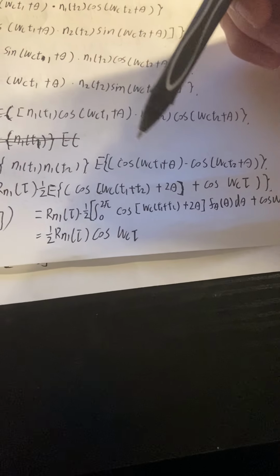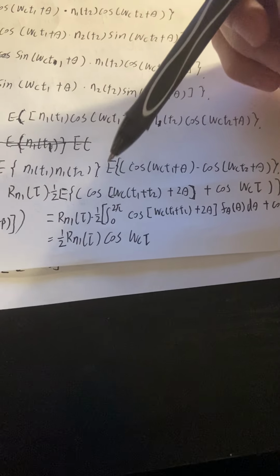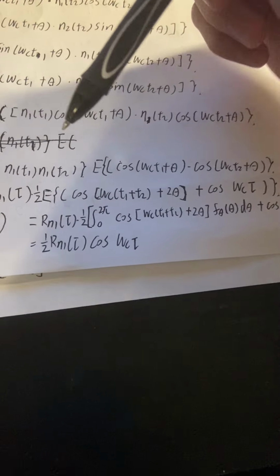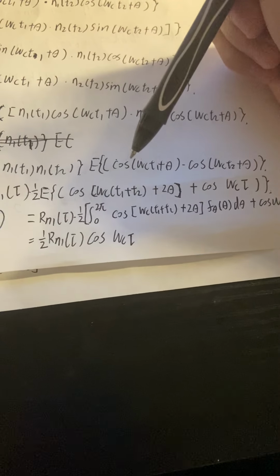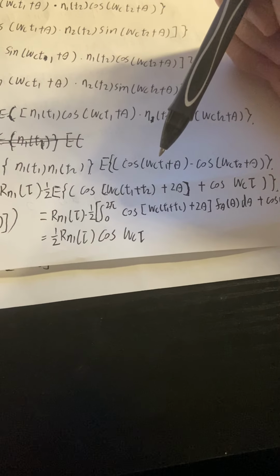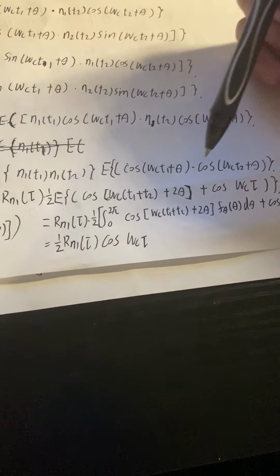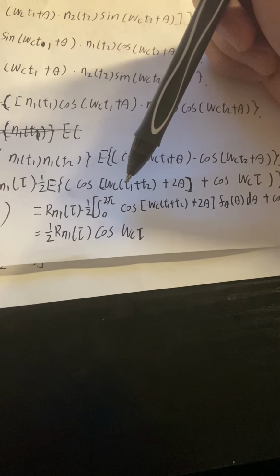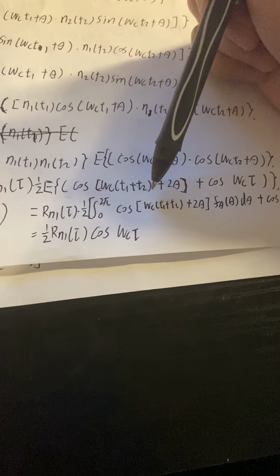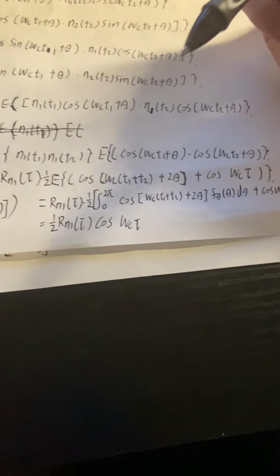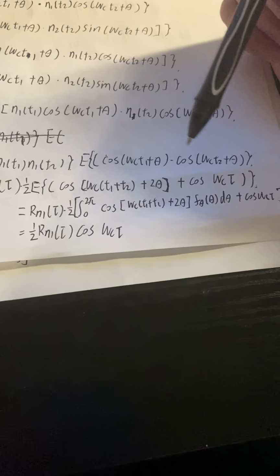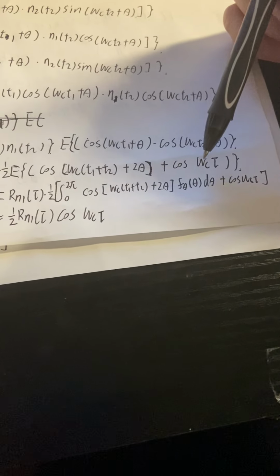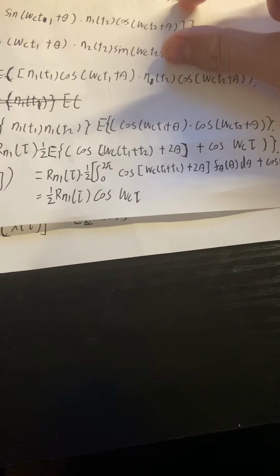So alpha plus beta will be equal to omega_c times (t1 plus t2) plus 2 theta, and for alpha minus beta, the result will be cosine(omega_c tau).